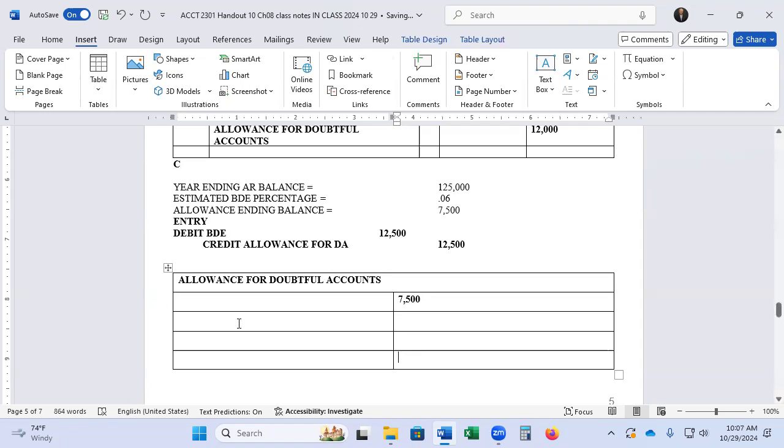We start writing off accounts, and that's how we get to the $5,000 balance on the other side. So we write off Adams, 3,000, write off General Foods, 8,000.